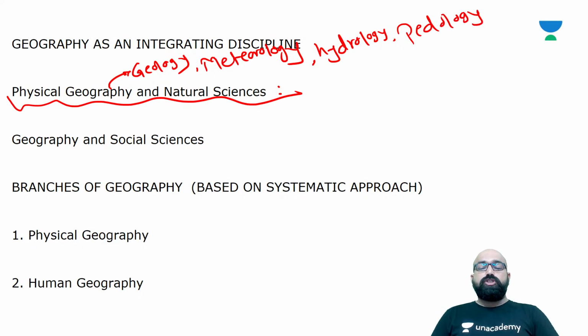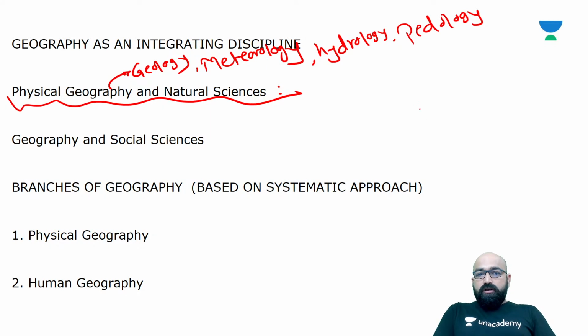Thus, geomorphology, climatology, oceanography, and soil geography respectively have very close links with the natural sciences, as these derive their data from these sciences.